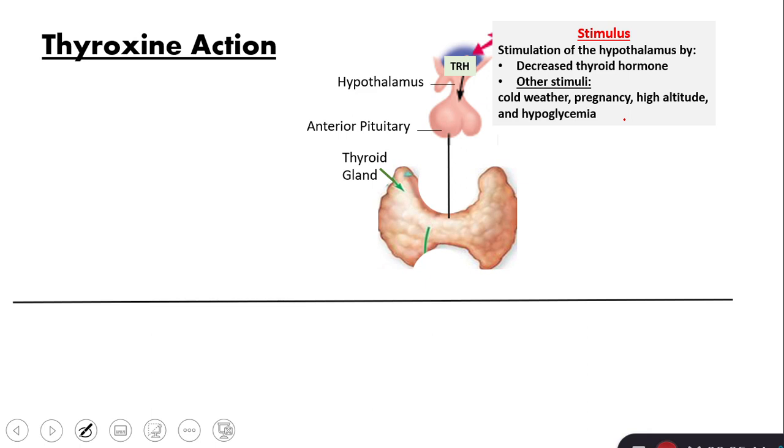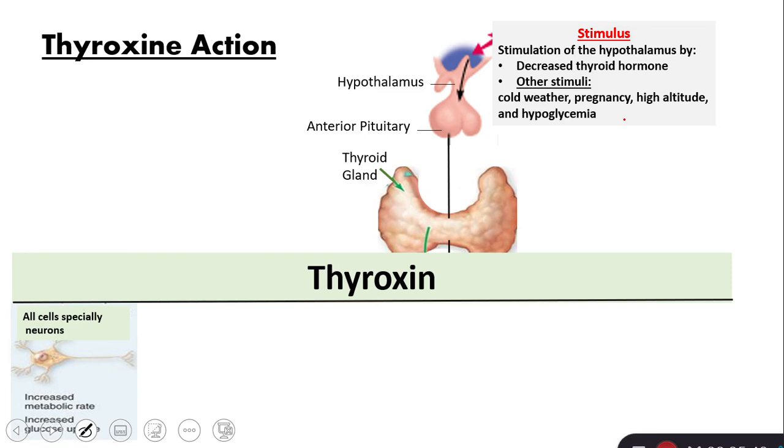So the hypothalamus is going to be stimulated to release TRH. The hypothalamic thyroid releasing hormone stimulates the anterior pituitary to release TSH, thyroid stimulating hormone. That stimulates the thyroid gland to release thyroxin.